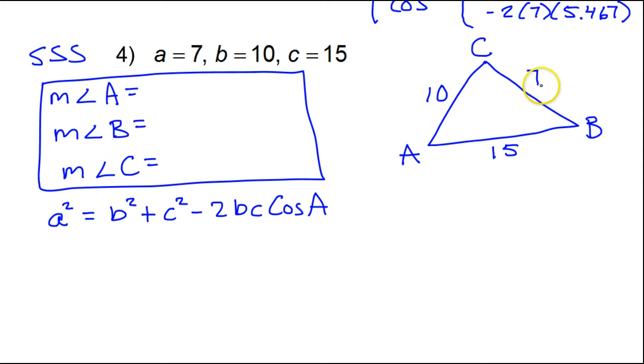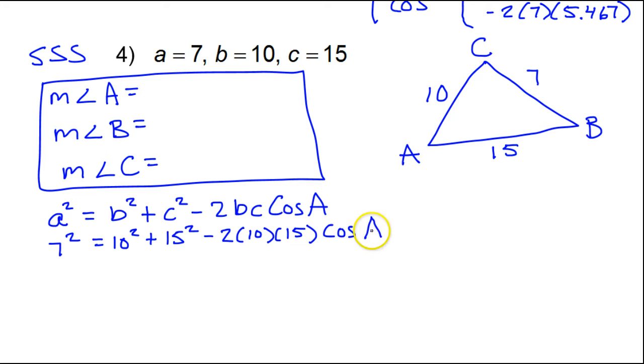So let's see, so that was 7. So I have 7 squared is equal to 10 squared plus 15 squared, minus 2 times 10 times 15 cosine of angle A. So I need to subtract these 2 terms and then divide by this part that's in the front.